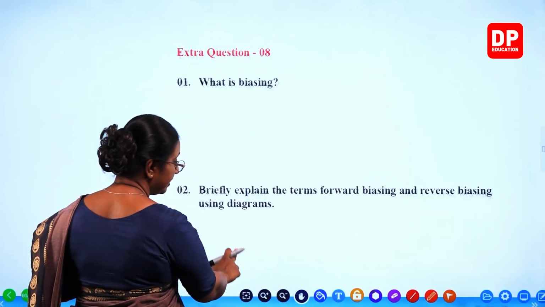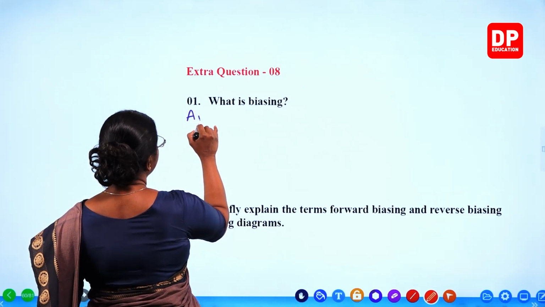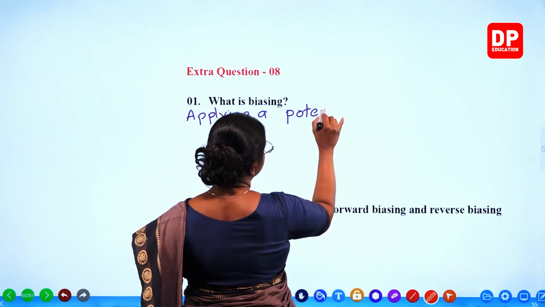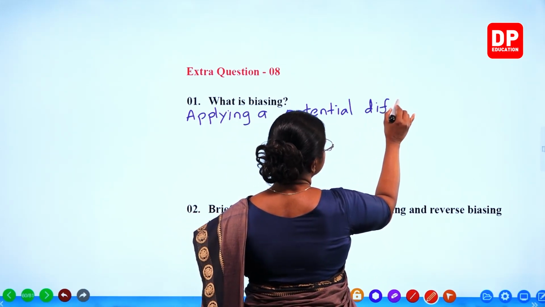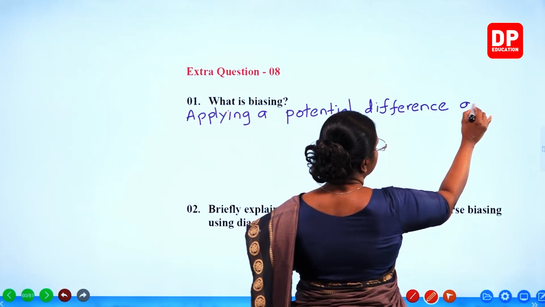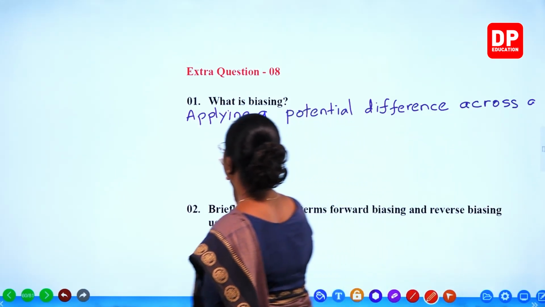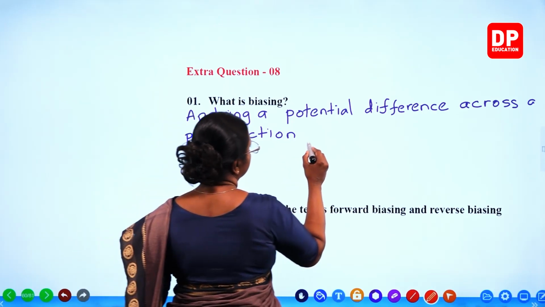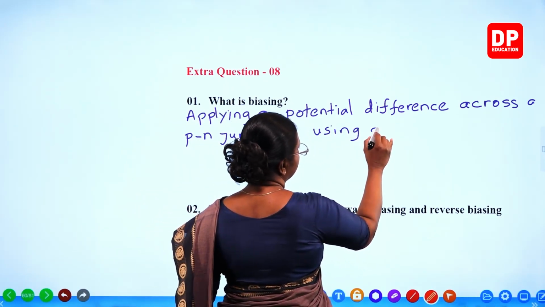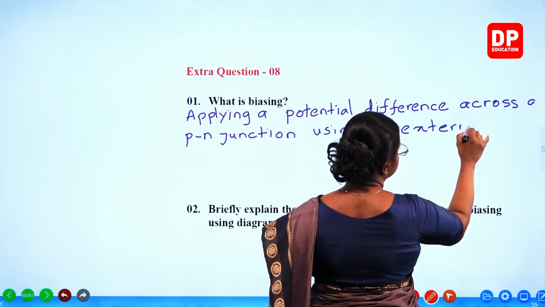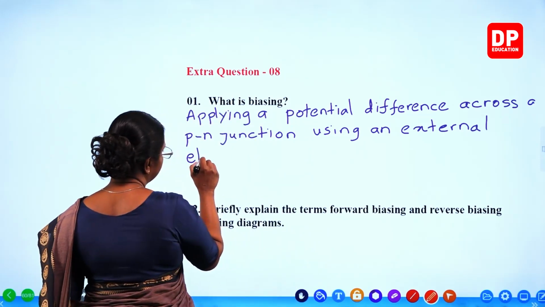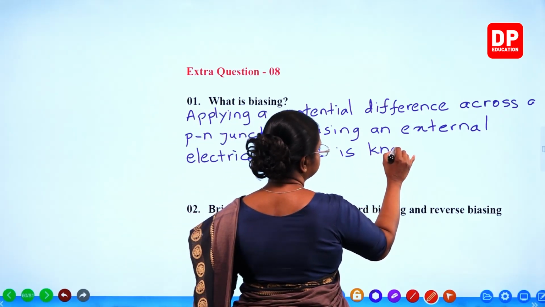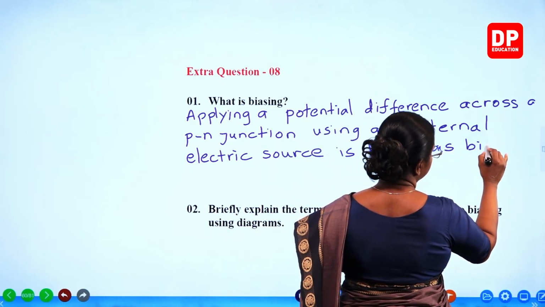So when we say what is biasing, applying a potential difference across a PN junction using an external electric source is known as biasing.